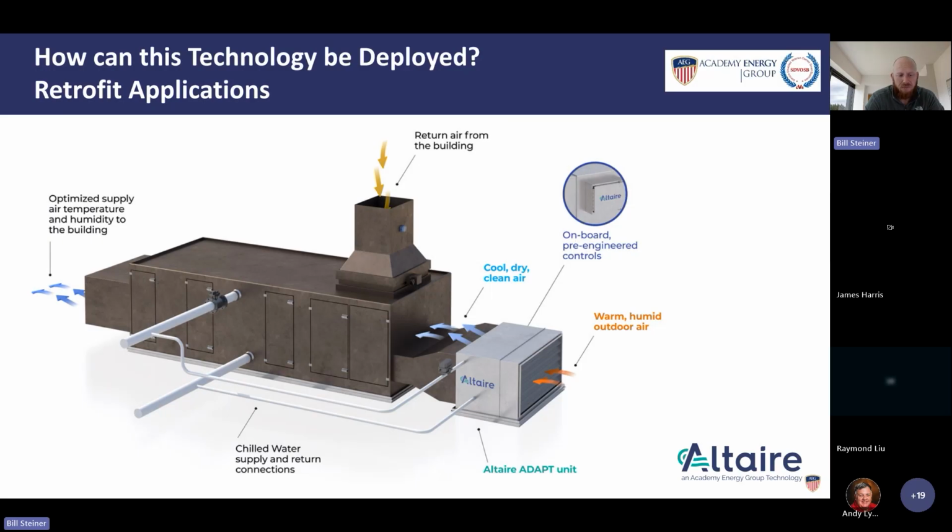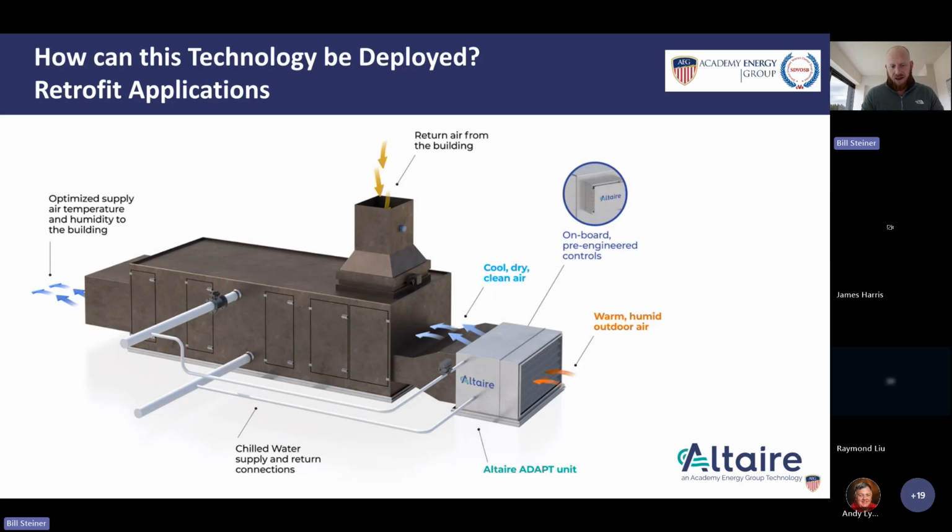We duct from the adapt unit into the outside air intake of the existing air handler. We take some saddle tees and take off a little bit of chilled water supply from that coil in the existing air handler, and that is enough water for the adapt coil. And then we plug in our Ethernet and give it 120-volt power, and it's ready to go. It does come with onboard pre-programmed controls, so it's about as straightforward as an installation's going to get.